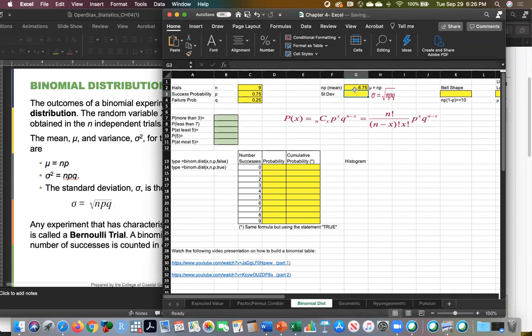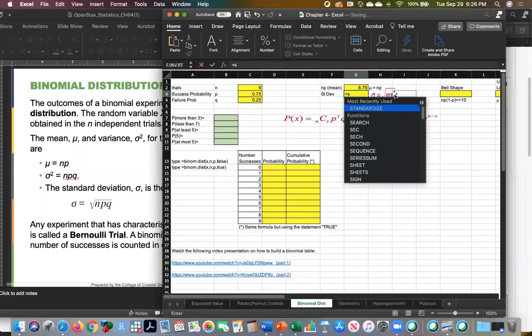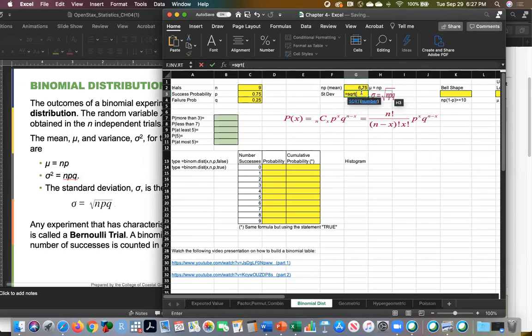The standard deviation is going to be equal to the square root of n, which is 9, times p times q. So that's the standard deviation.